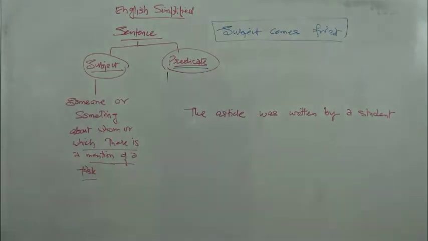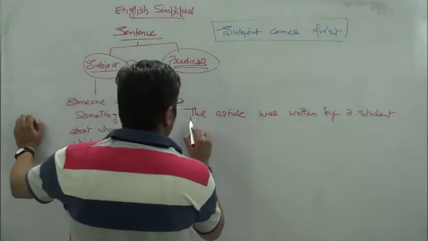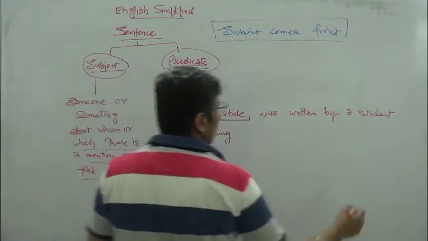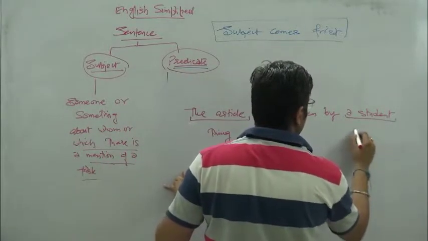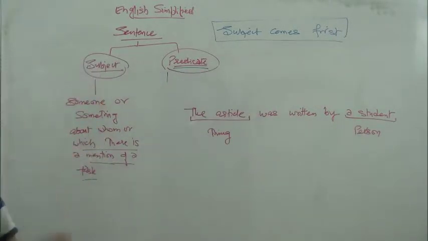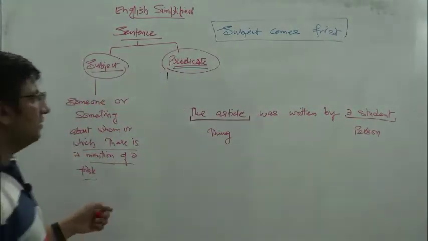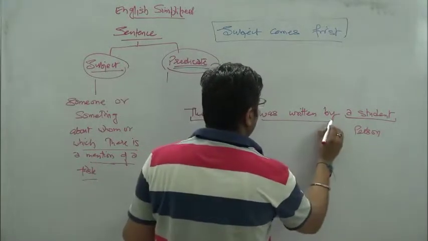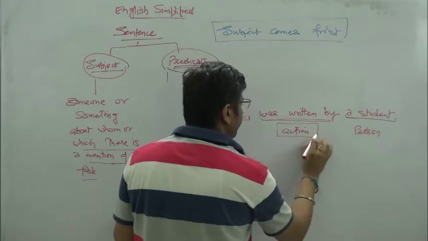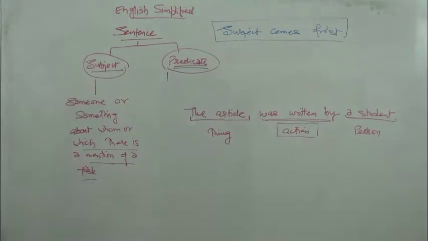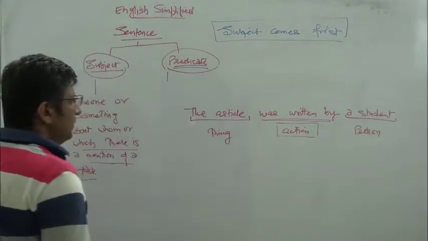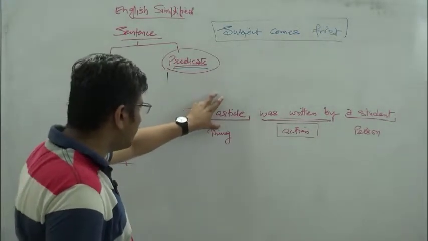All right. So, of course, the article is the thing and a student is the person. Okay. Right. So, and was written by, of course, is the action here.